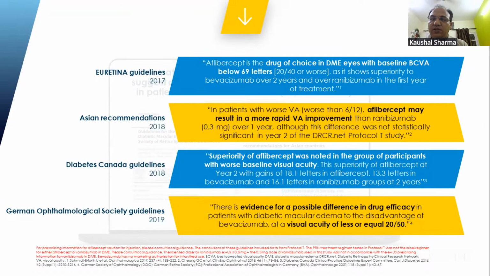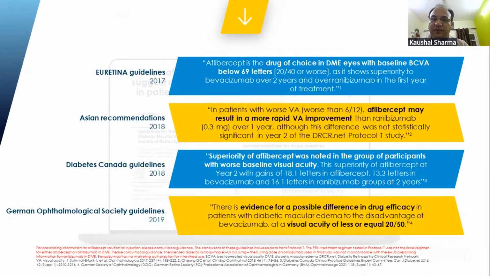ACN recommendation: in patients with VA worse than 6/12, aflibercept may result in more rapid visual improvement than ranibizumab over 1 year, though this difference was not statistically significant at 2 years in the DRCR.net Protocol T study.